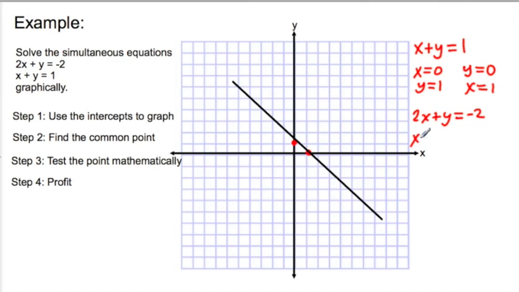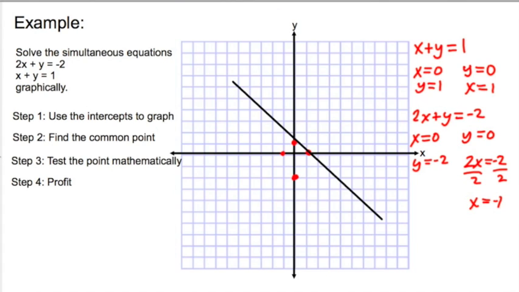Well, if x equals 0, again using the x and y-intercepts, then y equals negative 2. So my first point is at 0 comma negative 2, which is about right there. Then if y equals 0, I'm left with 2x equals negative 2. So solving for x, I get x equals negative 1. So that's about right here.